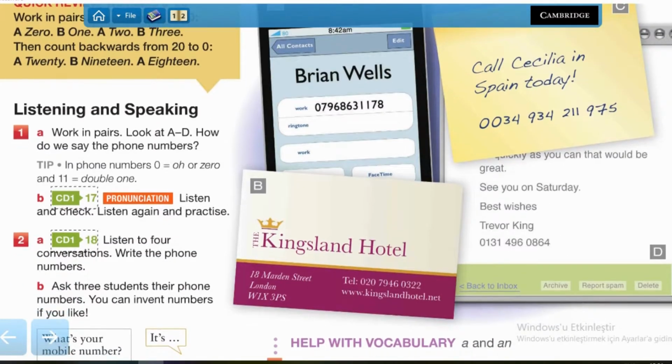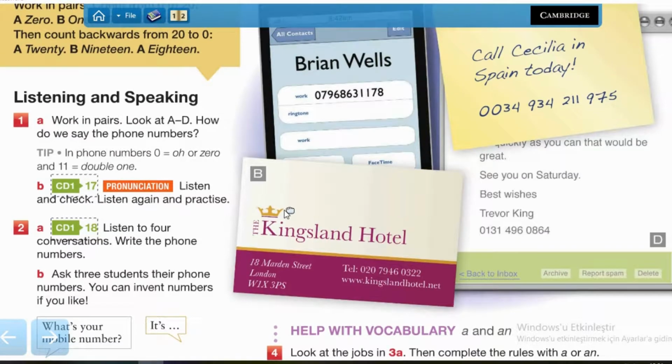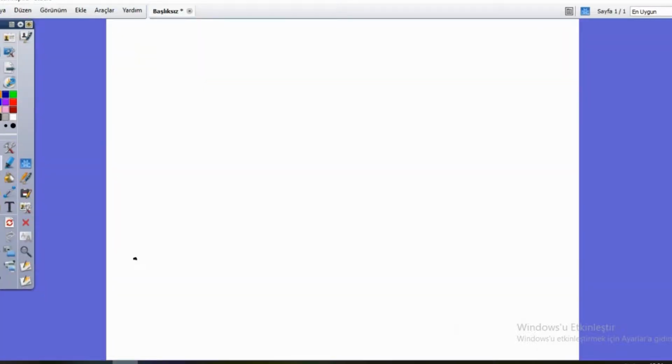When we say mobile numbers, we can say 0 or we can say O. And when we have two numbers next to each other, we use double, for example double one.